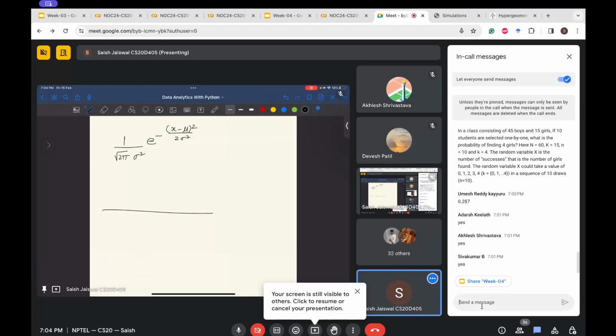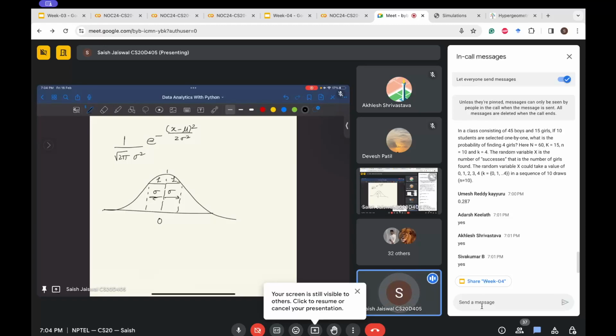So it generally looks like this, where this is the mean center, and you have standard deviation, which shows the dispersion of the distribution or the data. In the standard normal distribution, the mean is 0 and standard deviation is 1.